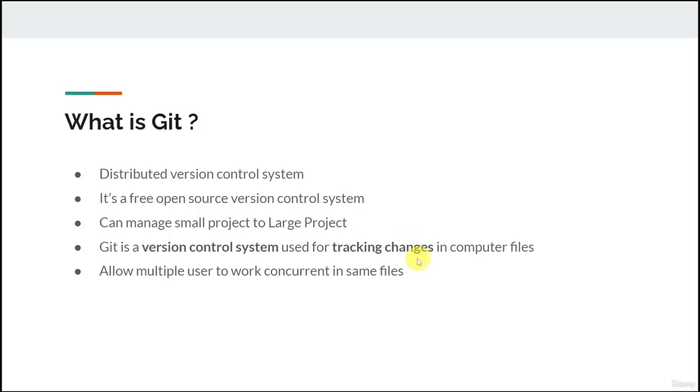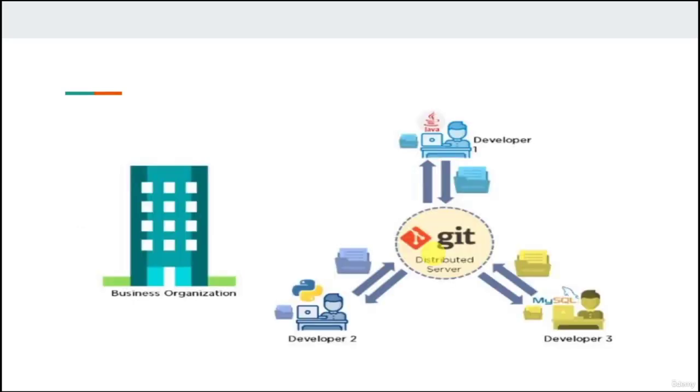We learned the same thing in version control system also. It allows multiple users to work concurrently on the same files. If you already know about version control system, we can add those features here, because Git is an example of a version control system.